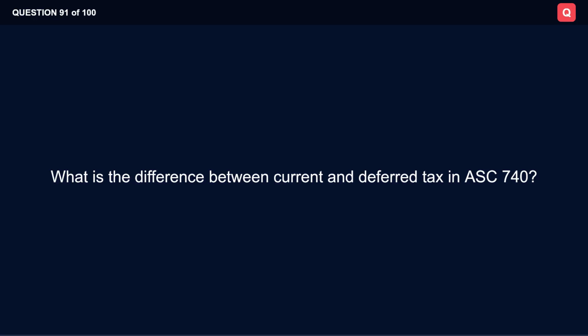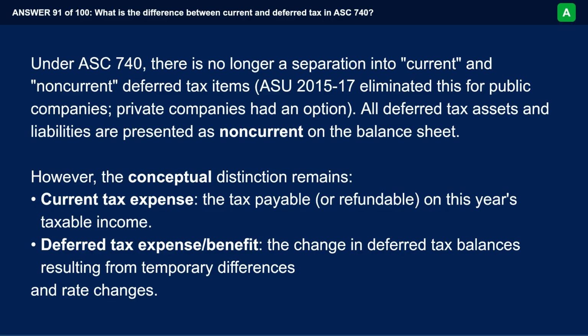What is the difference between current and deferred tax in ASC 740? Under ASC 740, there is no longer a separation into current and non-current deferred tax items. ASU 2015-17 eliminated this for public companies. Private companies had an option.